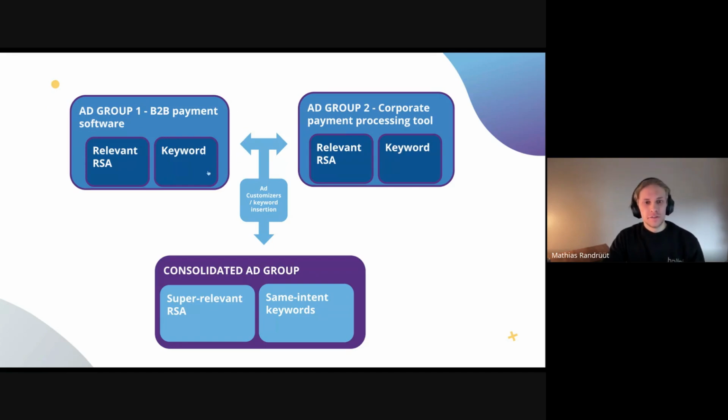So if the user searches for a specific keyword, we show them this headline. If the user searches for a different keyword, we show them corporate payment processing tool. At the same time, we are in the consolidated ad group. So we have more data and more decisions for Google's algorithms to learn from a larger data set. It's basically the best of both worlds.